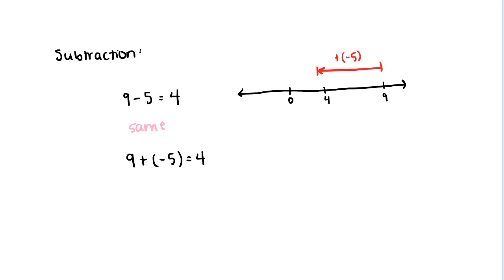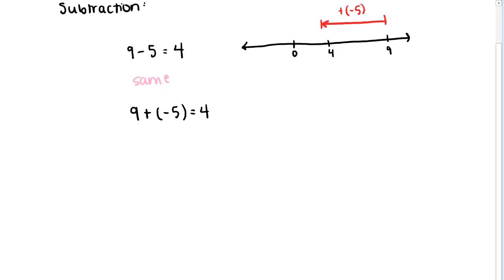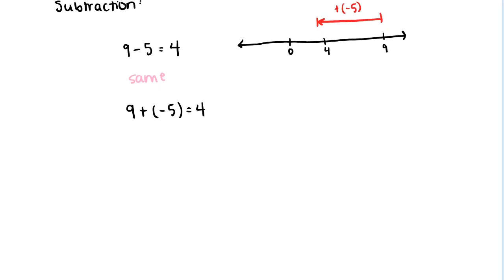Why would we do this if we know how to evaluate 9 minus 5? Well, actually, this translation works pretty well when we want to start subtracting negative numbers together. And so here, maybe I'll just say how this works. If you know how to evaluate this without any worry, go for it.